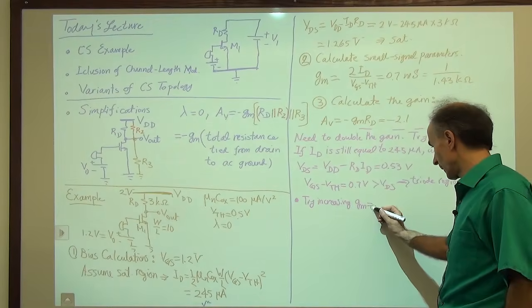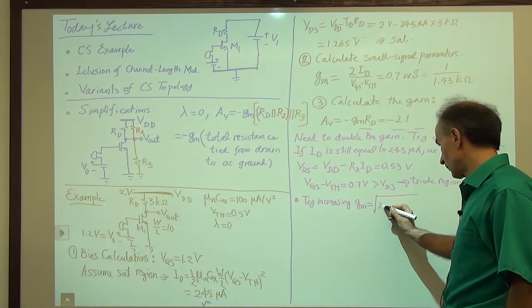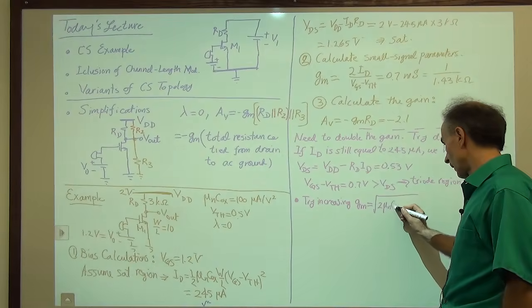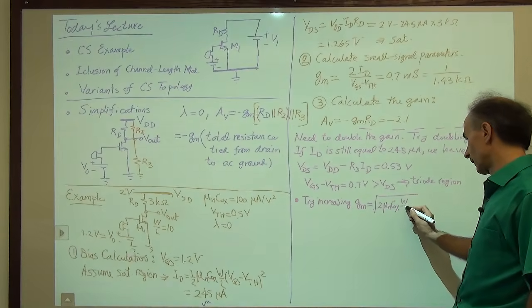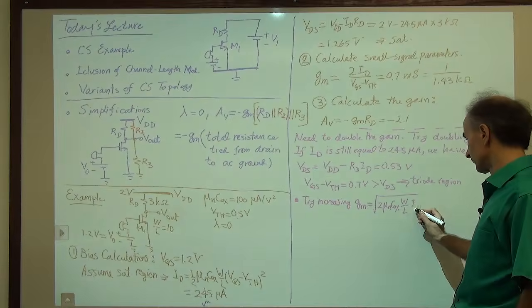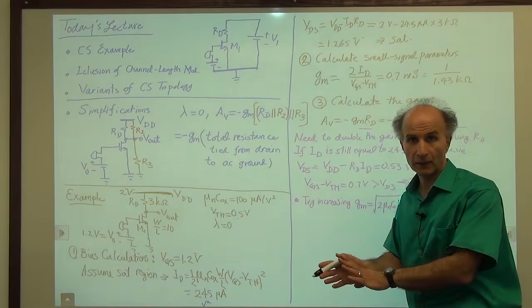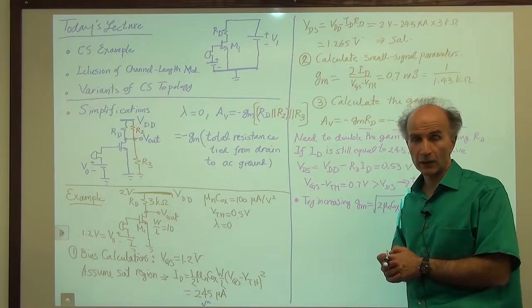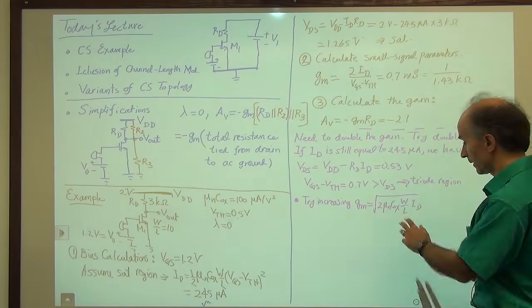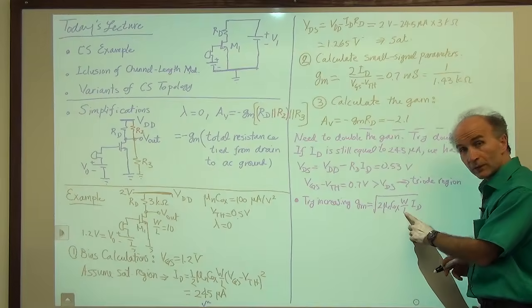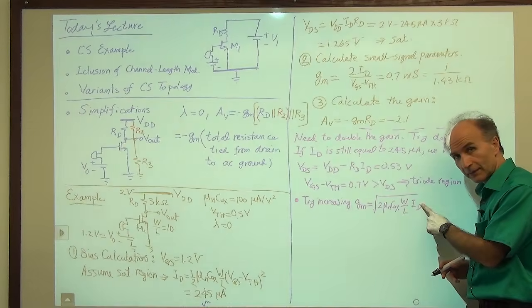So we know that gm is equal to the square root of 2 mu n C ox W over L times ID. Mu n C ox is a given parameter for the technology. We don't have any control over it, so no problem there. We have W over L to play with and ID.